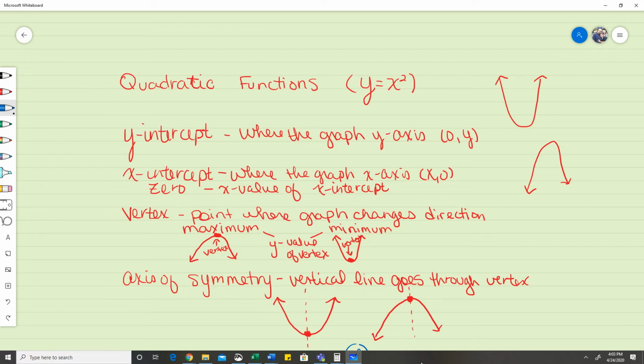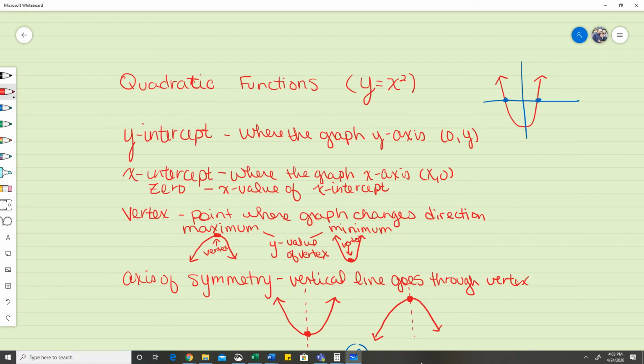Okay, because this is a parabola, if it crosses the x-axis twice, once going in each direction, then you're going to have two x-intercepts. Okay. However, if it crosses only once, then you're only going to have one x-intercept.